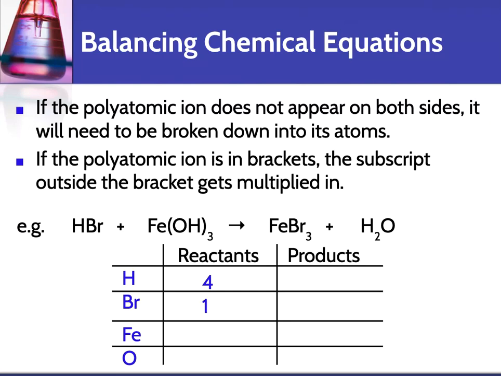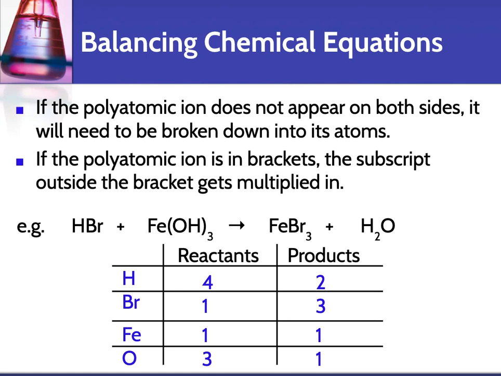There's 1 bromine, 1 iron, and 3 oxygens. On the product side, we have 2 hydrogen, 3 bromine, 1 iron, and 1 oxygen. So right now, the only thing that's balanced is the iron.